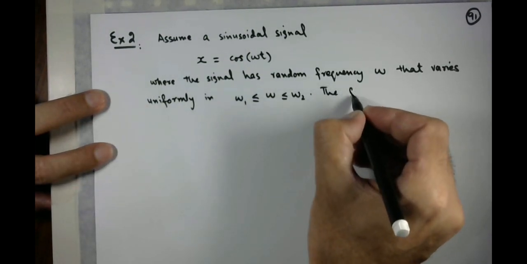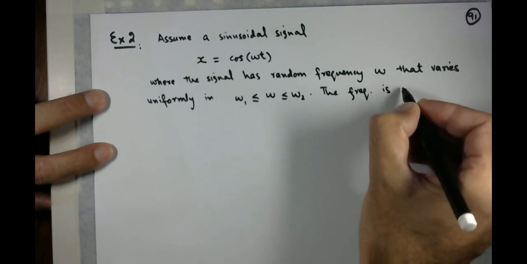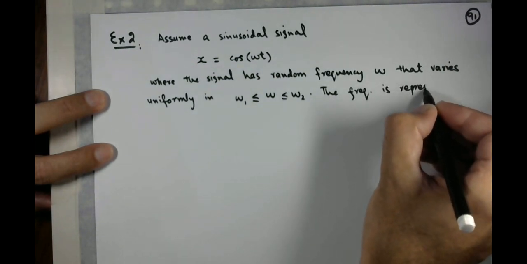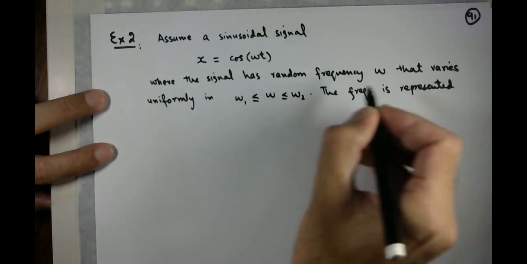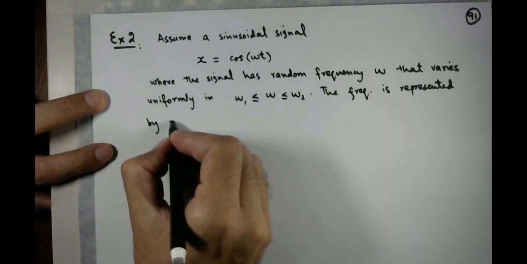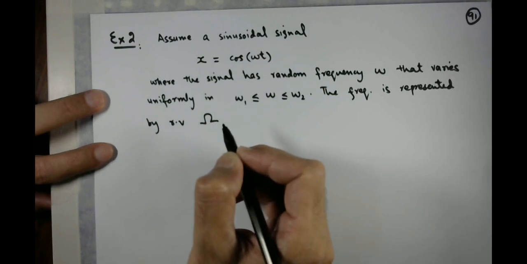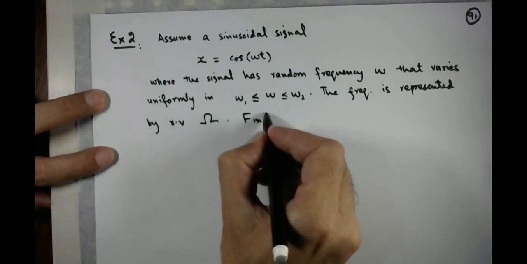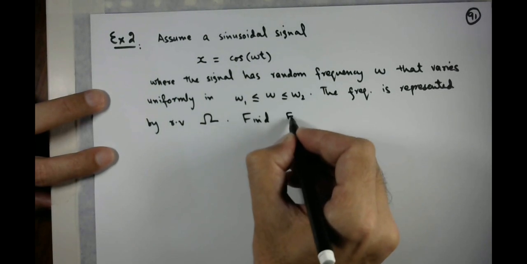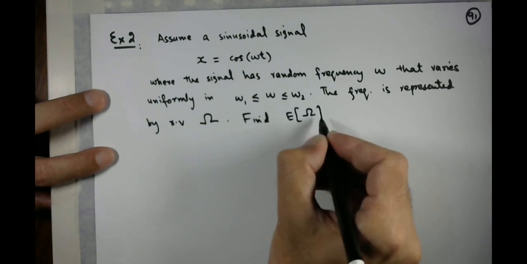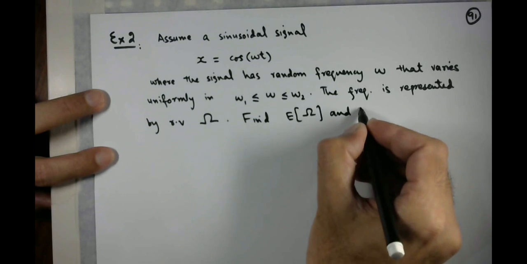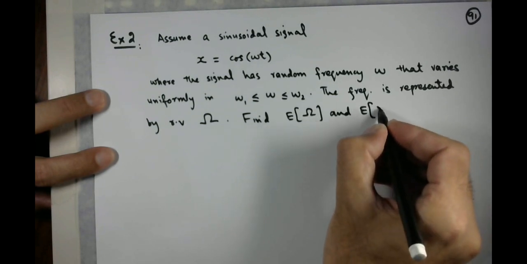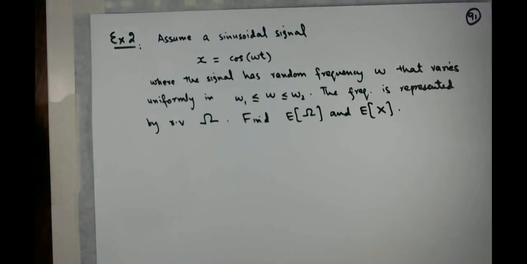This frequency is represented by random variable capital omega, and we are asked to find the expectation of omega and expectation of the random signal x.